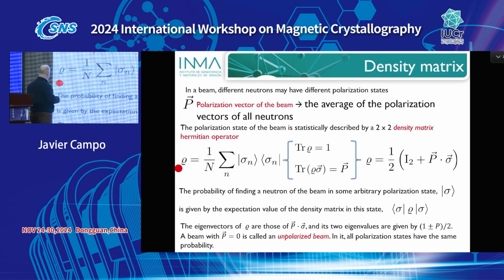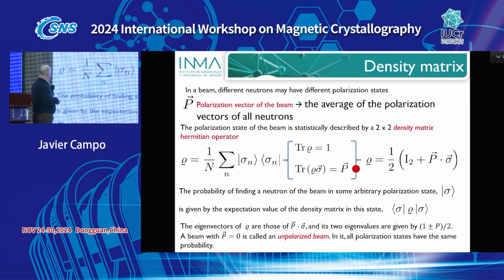If this is a density matrix, and it's Hermitian, the trace of the operator must be 1, and the polarization will be the trace of the product of the density matrix times the Pauli sigma matrices. And with these two conditions, we end up with the only operator that fulfills both conditions, this one.